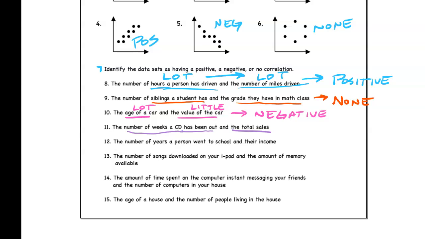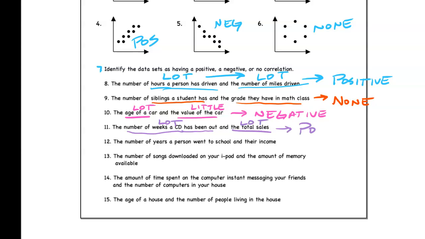Negative. That sounds like a question. Okay, so if a CD has been out for a long time, so a lot of weeks, would you expect the amount of CDs sold to be very little or to be more? Oh, actually positive correlation then. Okay, good.